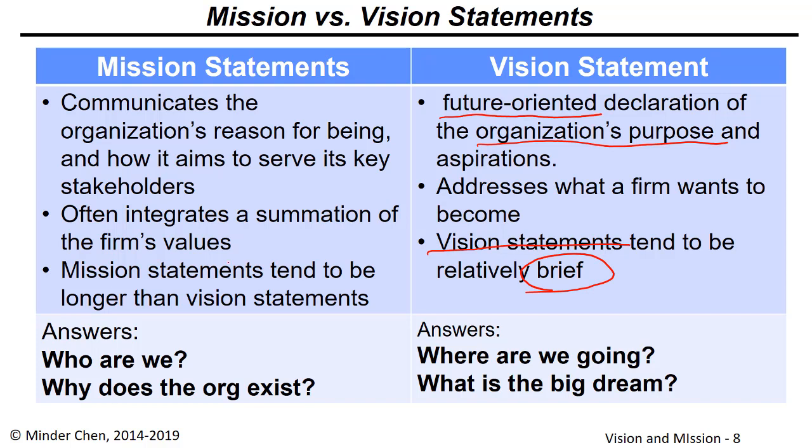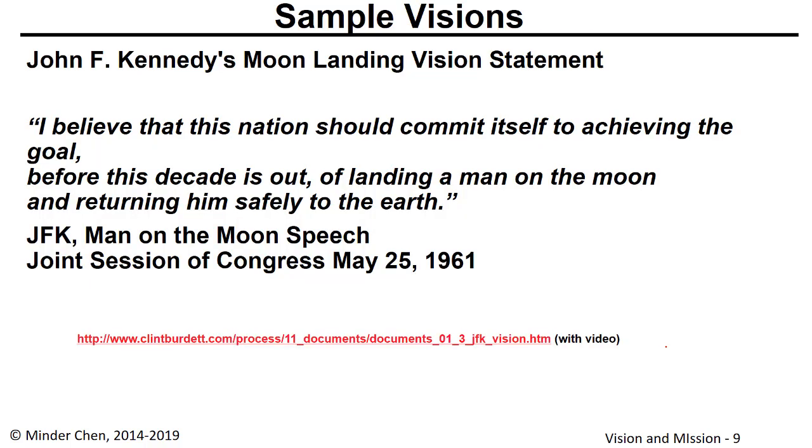A mission statement communicates your organization's reason for being and how it aims to serve its key stakeholders. So we're seeing the term stakeholder again. A mission statement tries to answer who we are and why the organization exists. And a vision statement answers the question, where are we going and what is the big dream that we may have?